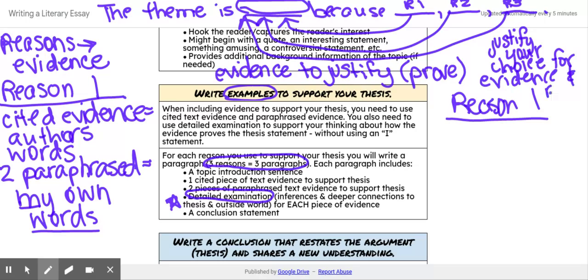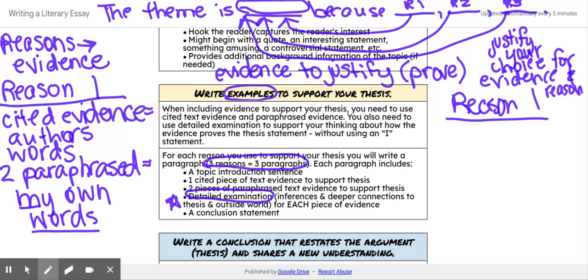You want to stop and think, how does this prove the theme? How does this reason prove? And how does this evidence prove what I am trying to say with this reason? So it's all about making those connections between the point that you're trying to get across.